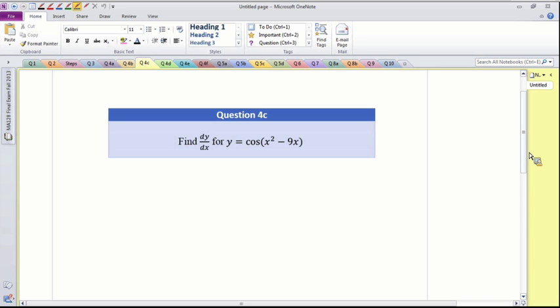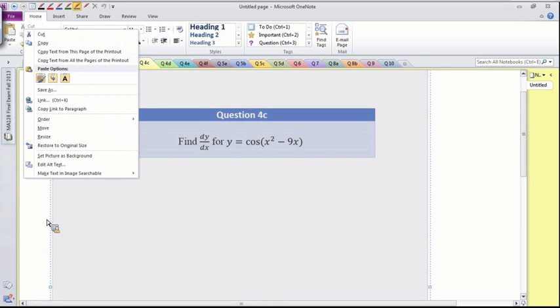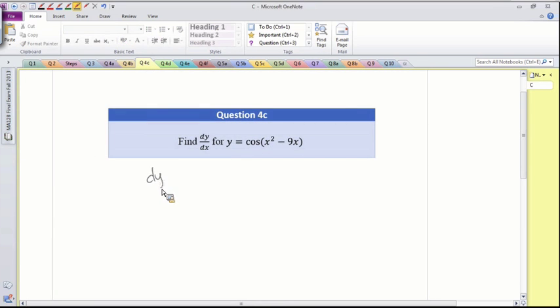We'll have to do chain rule here as well: derivative of the outside function times the derivative of the inside function. So dy dx is equal to the derivative of cosine, which is negative sine of whatever's on the inside, and that you have to know.